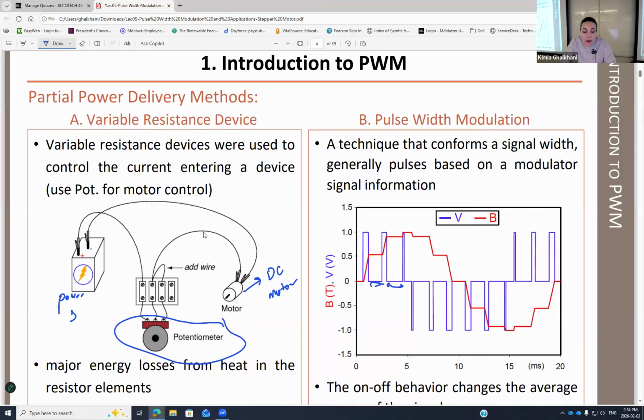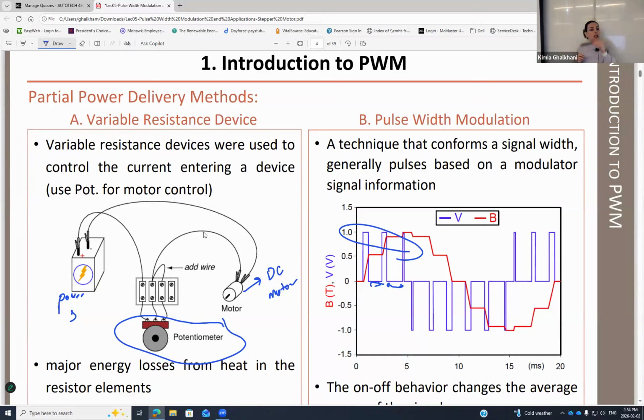So if a device is powered by PWM, it simply means it is going to behave by the average of all these pulses. I'm not going to get the exact input, it's going to be the average. Why do I say average? Because each time we modulate the input signal, we assign it to become on and off, on and off, and on and off.